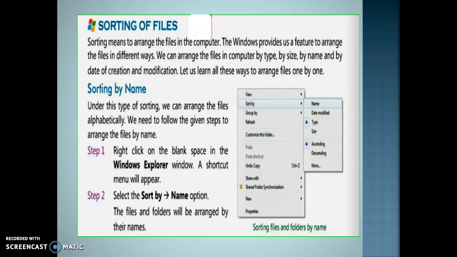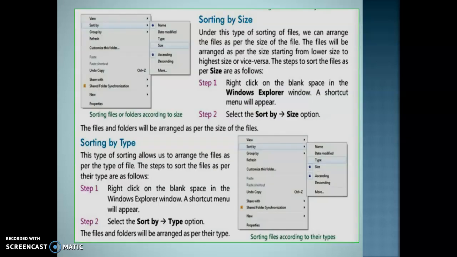By size, it arranges files in descending order of file size. In item type, it groups the files based on their type, and date modified organizes files date wise, according to when they were last modified. It is very simple to sort the files.